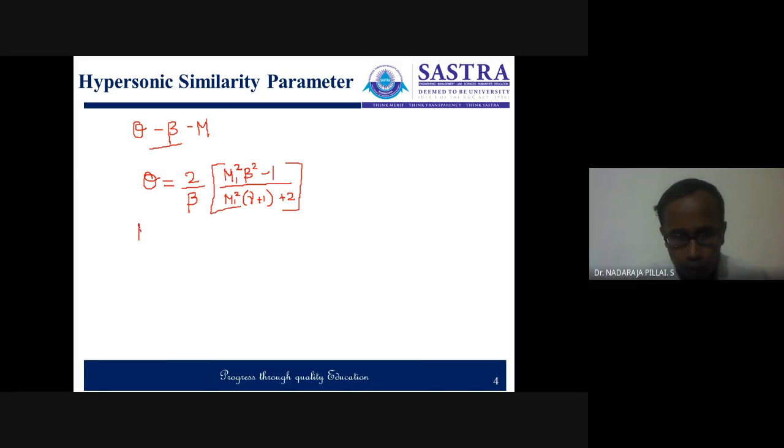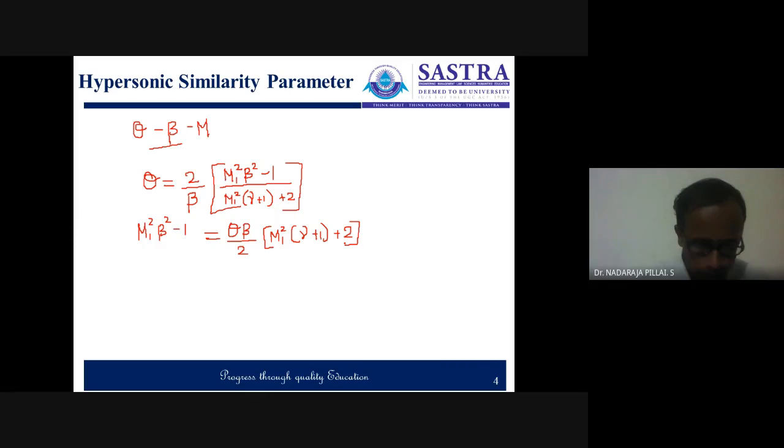Here we know M1 square beta square minus 1 is equal to theta beta by 2 into M1 square into gamma plus 1 plus 2. Finally we can reduce this equation.